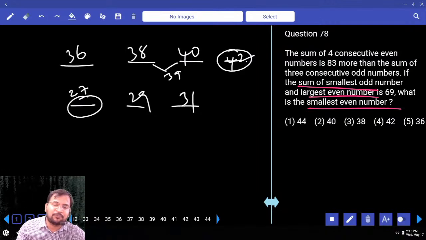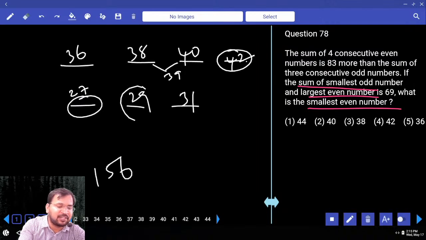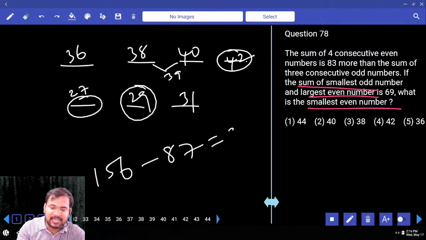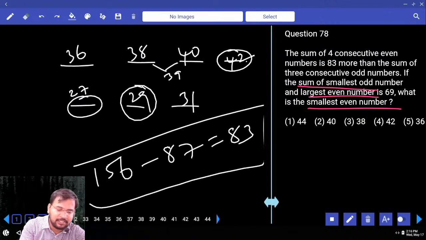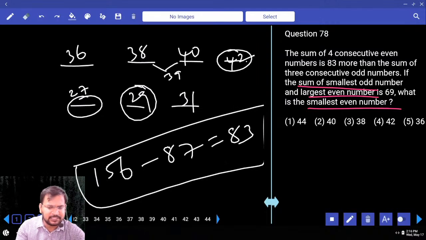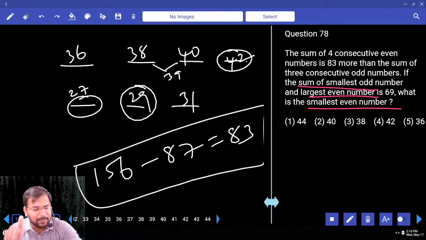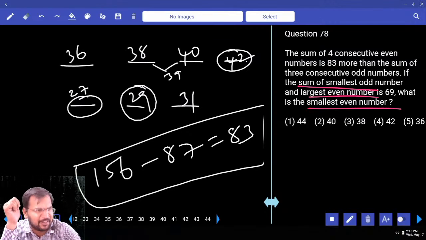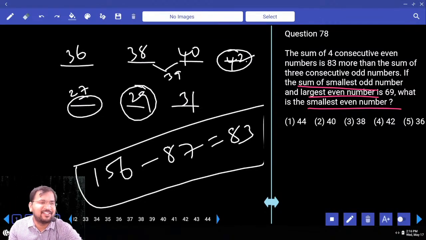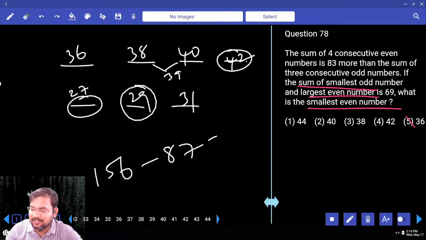So 29 times 7 is 203. Here the average is 29. 29 times 87. The difference is 83. Is it possible? If you subtract 87 from 156, will you get 83? No. Therefore your answer is not 36.